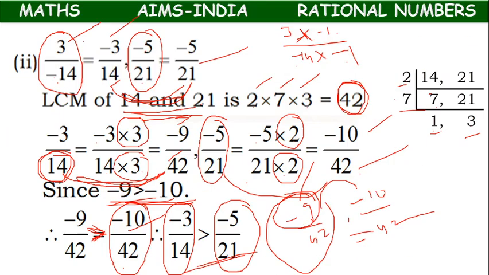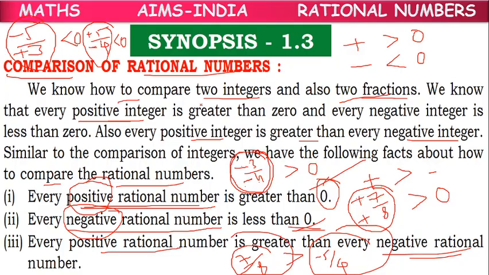Okay, children. This is about synopsis 1.3. What have we learnt in synopsis 1.3? Comparison of rational numbers. Every positive rational number is greater than 0. Every negative rational number is less than 0. So every positive rational number is greater than every negative rational number.